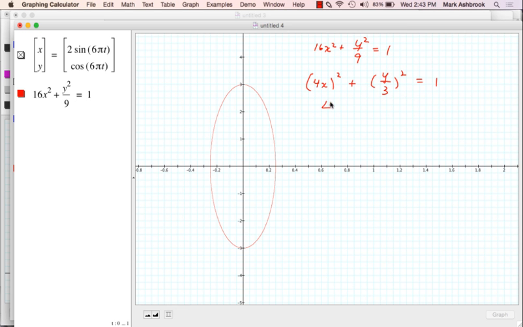Yeah, so take 4x, and you can make that equal to sine t, and y over 3 equal to cosine t. Are we done? Almost. We need x equals and y equals. x equals sine t over 4, or 1/4 sine t, and y equals 3 cosine t.